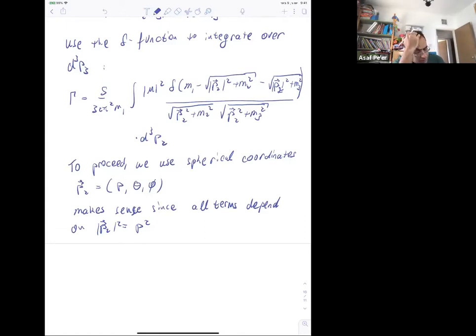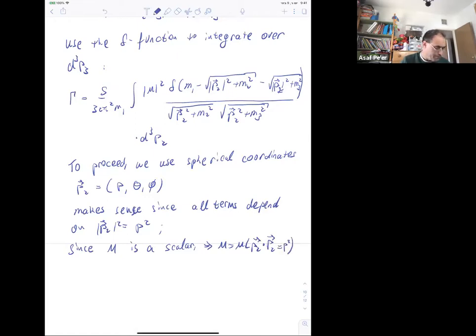The only scalar you can make from a vector is the dot product of the vector with itself. So M is M of P2 dot P2, which is just P squared.